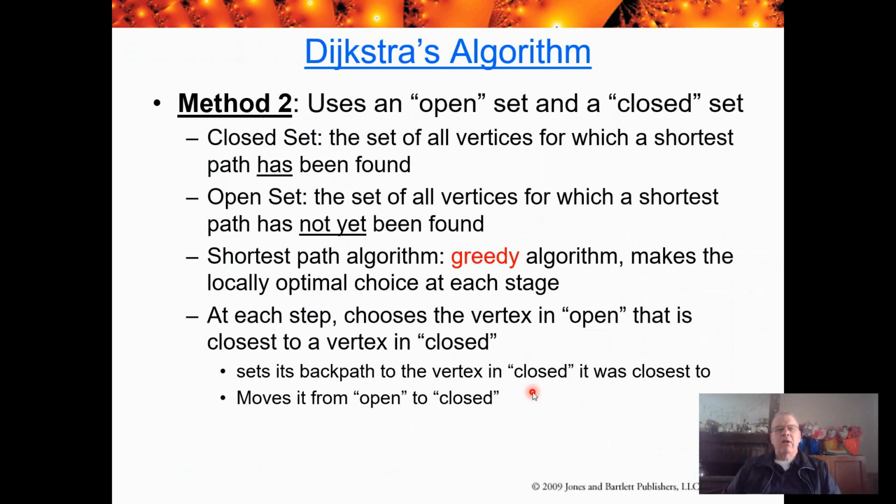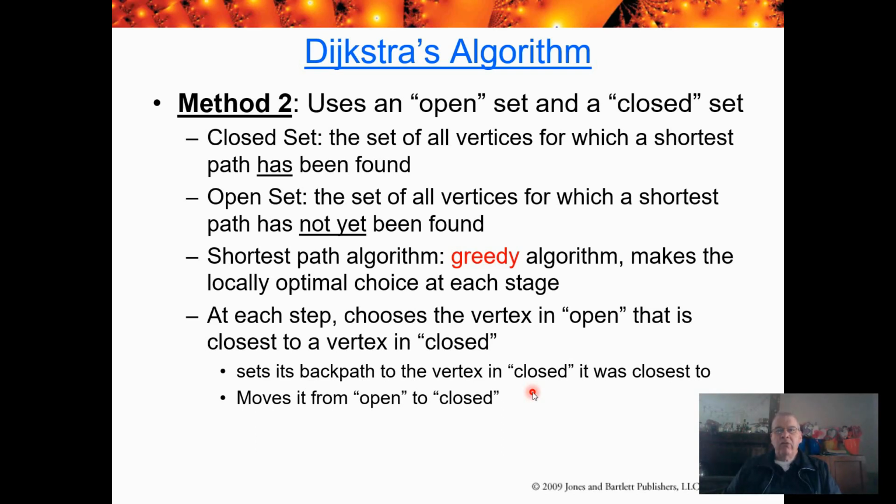Method 2 is the way I learned, and it uses set theory, the sets, an open set and a closed set. And the phrasing of the open and closed is just that closed means we have closed off the path to that node, and there's no other better way to get to that certain node than the way we've already found.